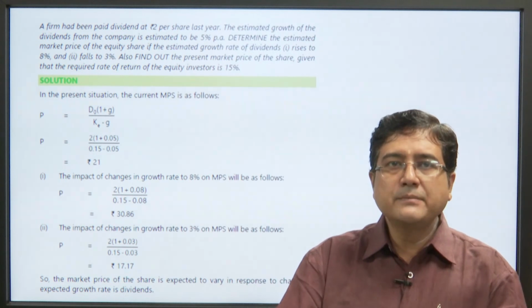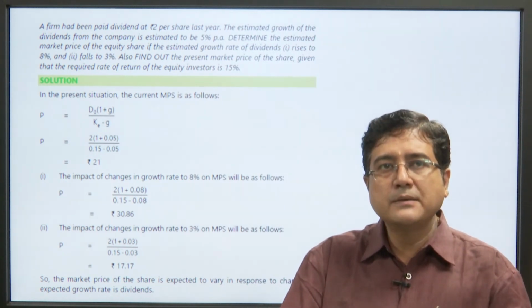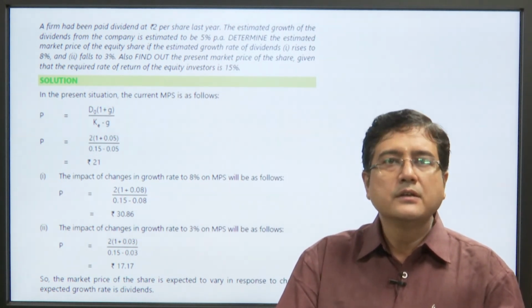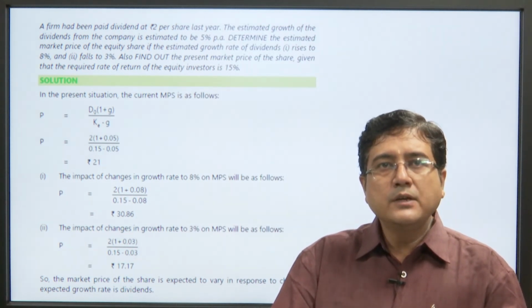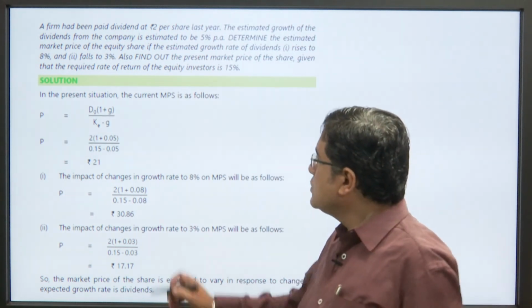So, our formula remains the same: P0 equals D0 times (1 plus g) divided by (Ke minus g). D0 is already given as 2 rupees.